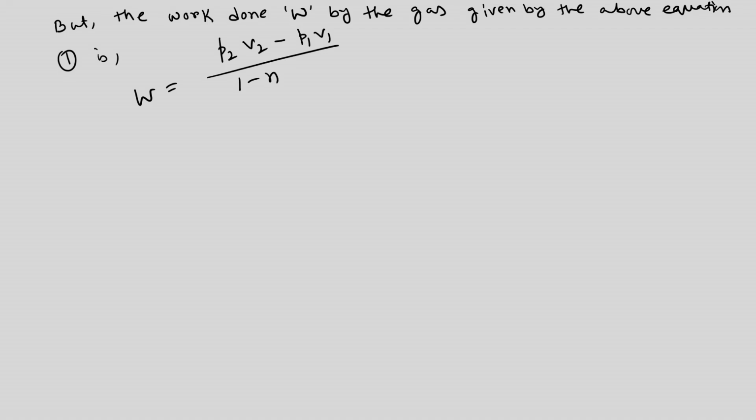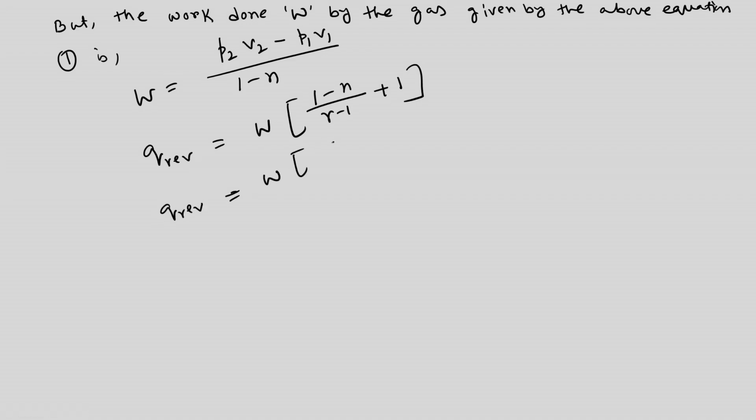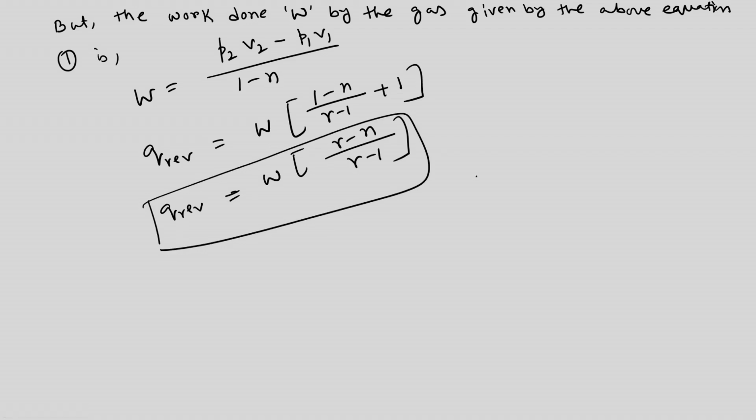So, we can write Q reversible is W times 1 minus n by gamma minus 1 plus 1, or we can write Q reversible is W times gamma minus n by gamma minus 1. Okay. So, we can prove that Q is W times gamma minus n by gamma minus 1. So, it is proved.